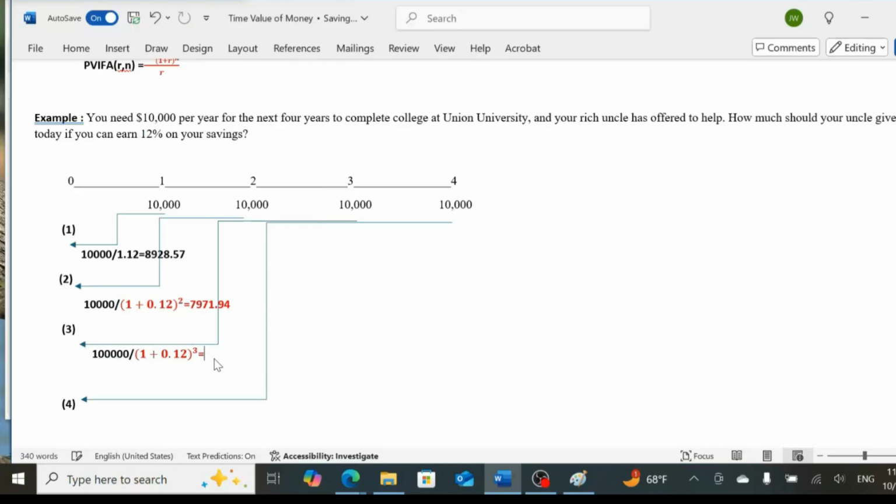So the present value of the third year's $10,000 is 7117.8. Okay, last one. What is the present value of $10,000 in year 4? This number becomes smaller and smaller.